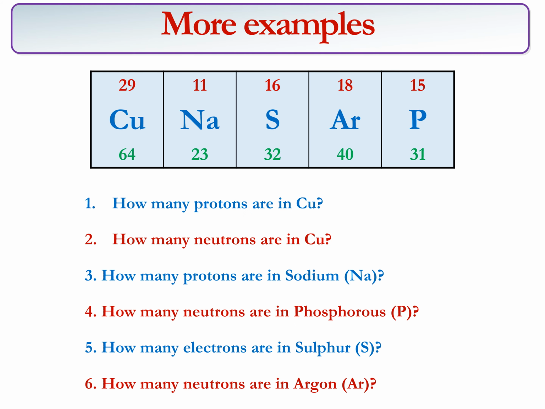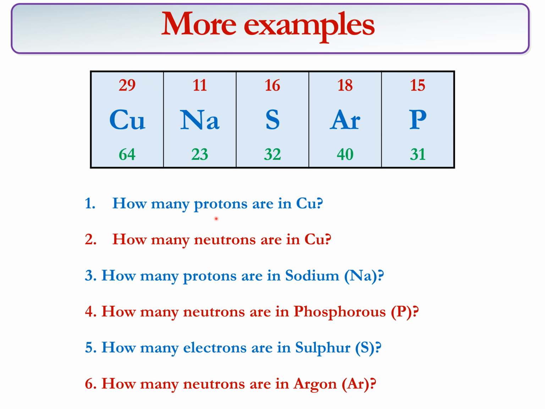So let's look at more examples on how to calculate number of protons or number of electrons or number of neutrons. So how many protons are in copper? So if you have a look here, the atomic number of copper is 29.